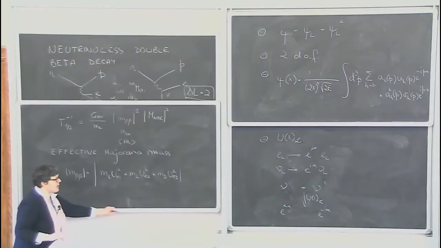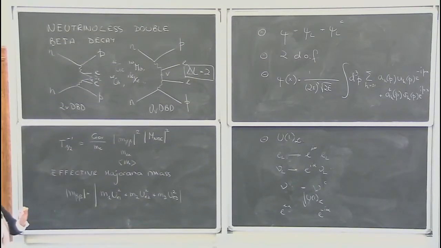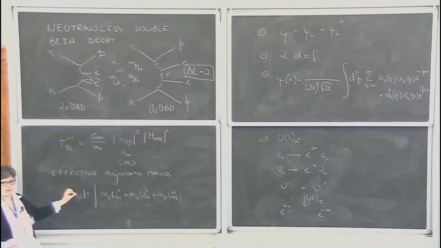But where in the theory do you have lepton number violation? It is the mass of the neutrinos. And so the decay rate needs to depend on the lepton number violating parameter, which is the mass of the neutrinos. If that goes to 0, I restore lepton number conservation, and I need the decay rate to go to 0.